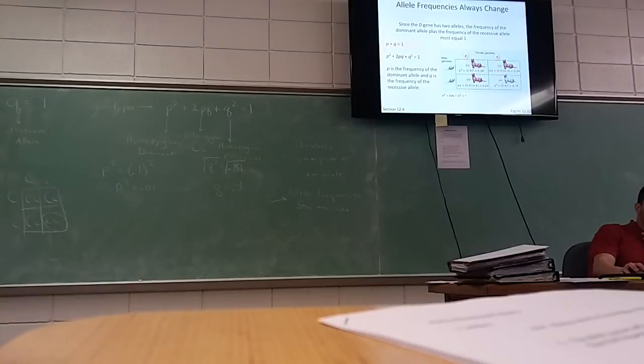Looking at the ferrets, since the D gene has two alleles, the frequency of the dominant allele plus the frequency of the recessive allele must equal 1. So we already kind of know that. If you know what the dominant is, you can find the recessive because it equals 1. P is the frequency of the dominant allele, Q is the recessive. So let's look at this.